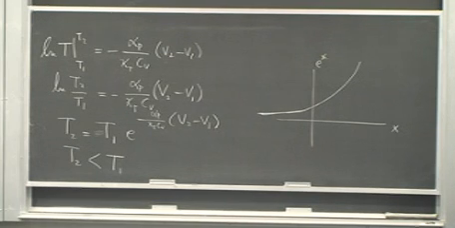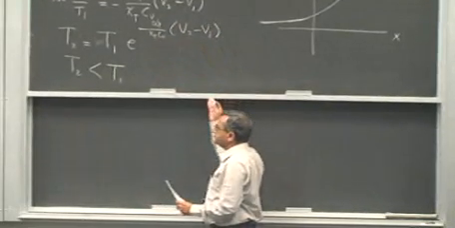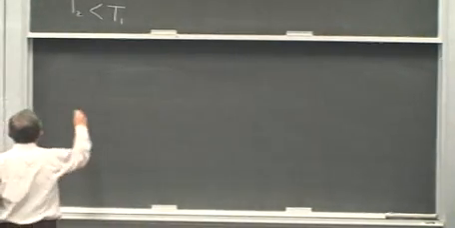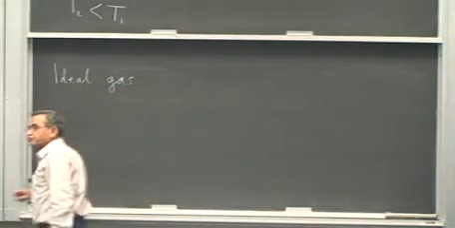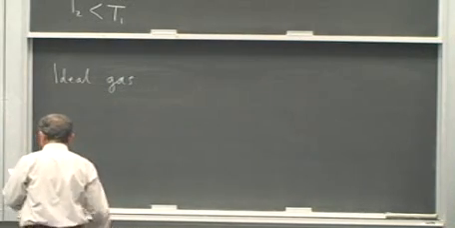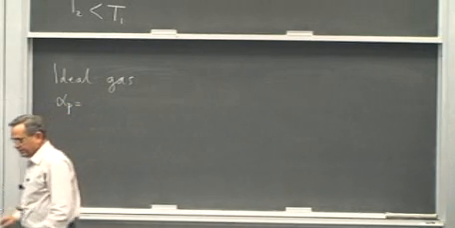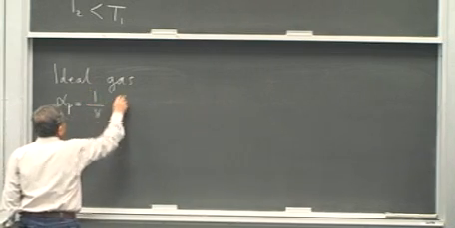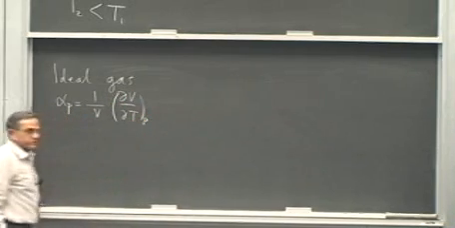The next question is specifically about ideal gas. One interesting thing about ideal gas is, which I could ask you to do the calculation yourself, but let us do it together. For ideal gases, alpha P is equal to 1 over V times dV by dT when pressure is held constant.